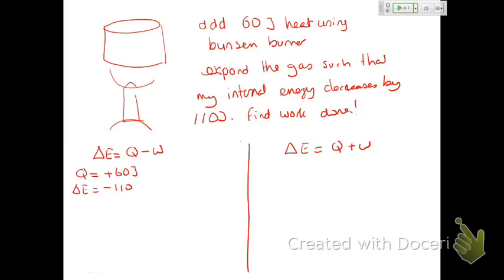So minus 110 must equal 60 minus W. So minus 170 is equal to minus W, so W equals 170 joules. It was an expansion, so that was a positive W.